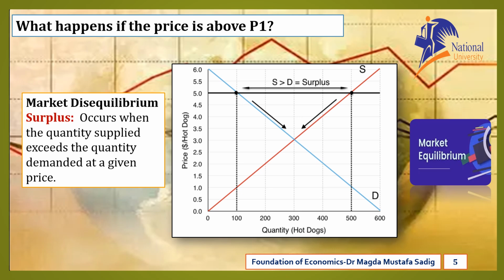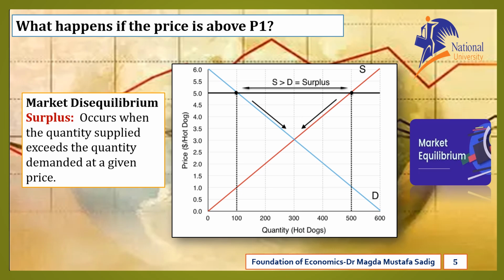The supply curve S slopes upward, indicating that as price increases, quantity supplied increases from 0 to 500. Look at the red line. This is supply. The blue line is demand.